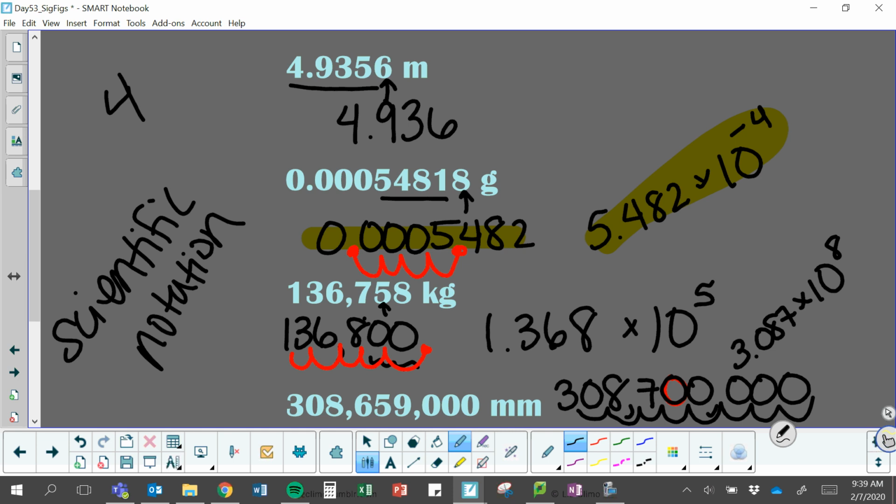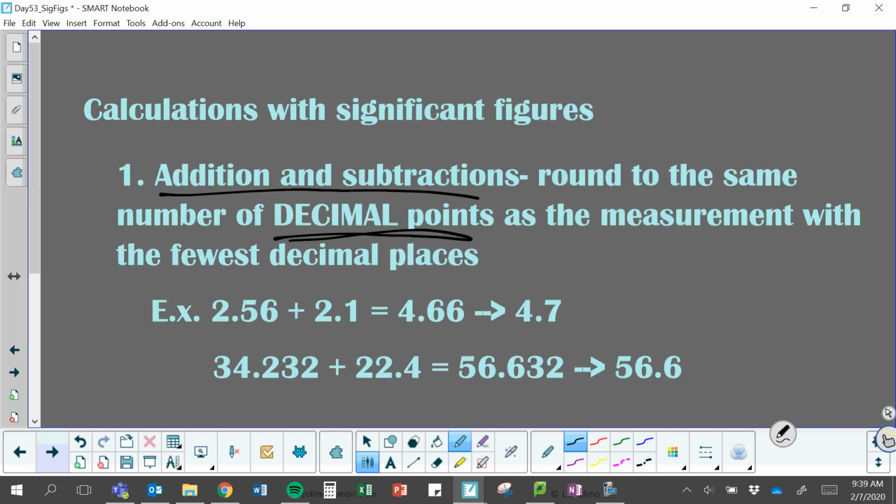I didn't do this first example in scientific notation because it's already written with a decimal place after the first one, but we could. It would just be times 10 to the 0 because anything to the power of 0 is the same thing as 1. So it's just saying it's that number times 1.